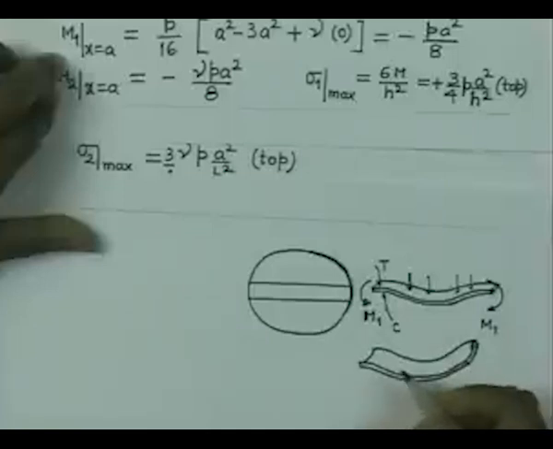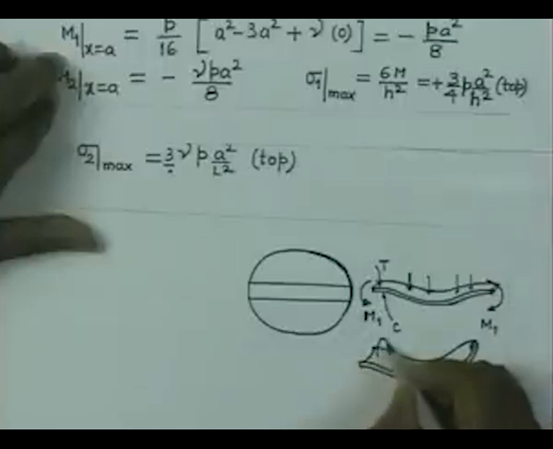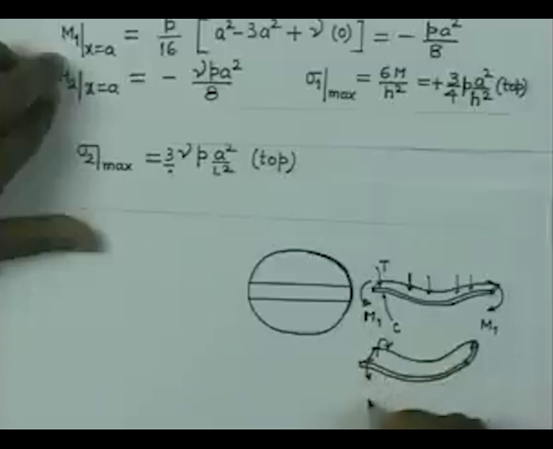Since it is clamped, this sort of curvature cannot come up, and therefore, we will find that there will be a bending moment developed like this, which is M2.